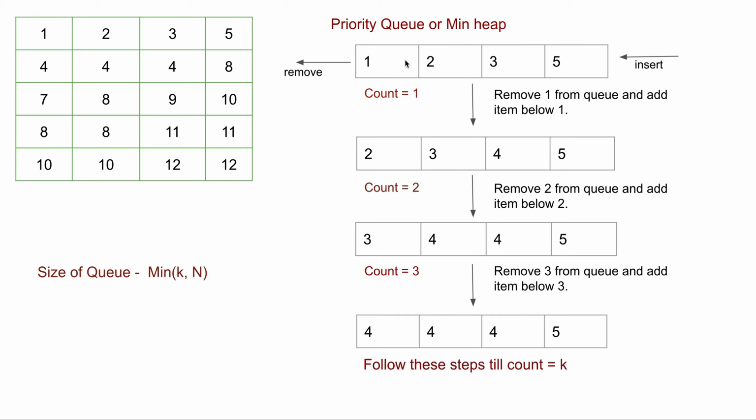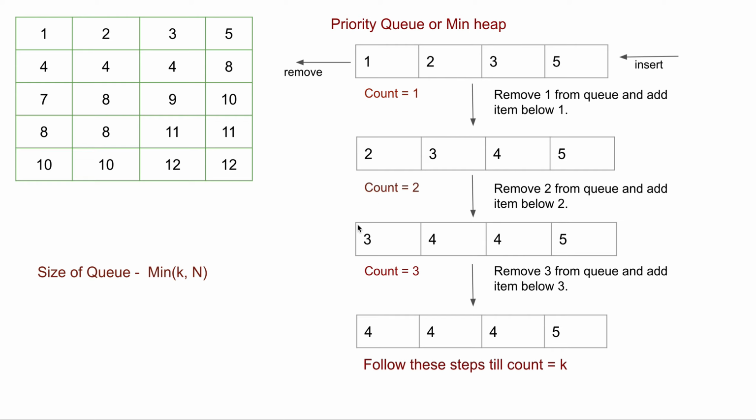Then we remove the element from the head of our queue, and we add the element below the head element into the queue. So if we remove 1 from the queue, we'll add the element below 1 into the queue. So we have added 4.